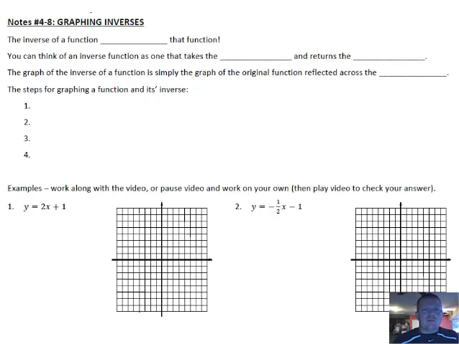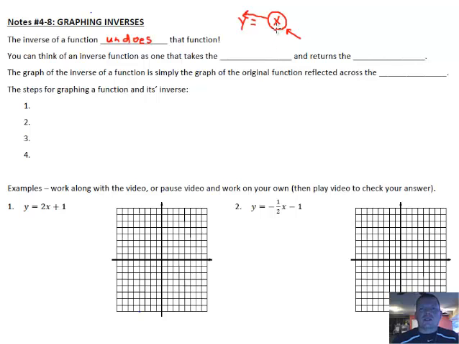First thing is the inverse of a function undoes that function. Now, in most linear functions or other types of functions, we have y equals something with an x in it, and this is called our input. We put something into this, it goes through the function, and out comes our y.